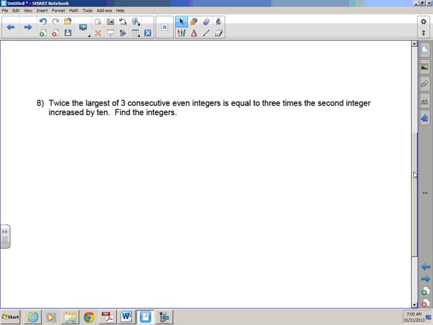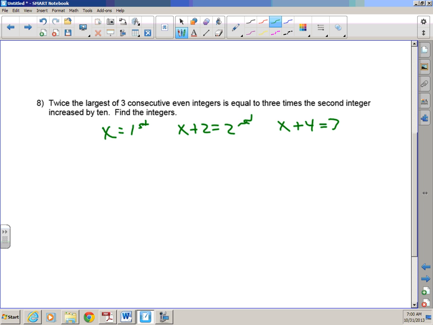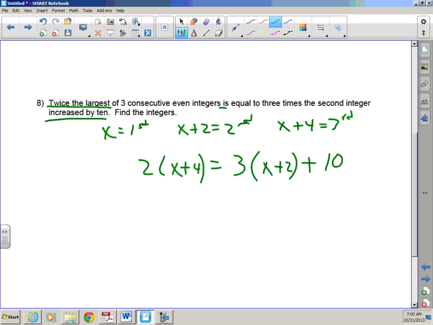Twice the largest of 3 consecutive even integers. So, x first, x plus 2 is the second, x plus 4 is the third. So, twice the largest, 2 times x plus 4, equals 3 times the second integer, 3 times the second, increased by 10.